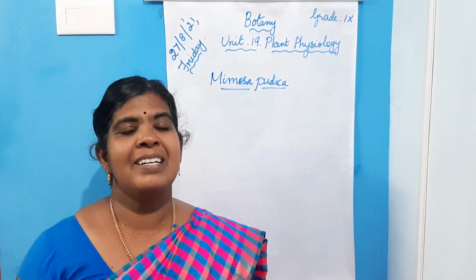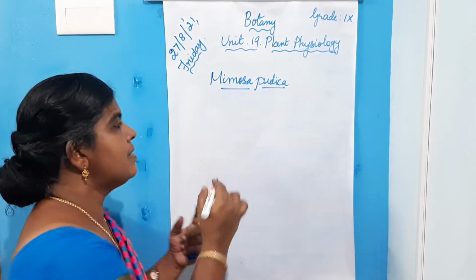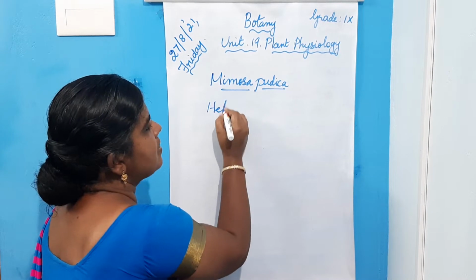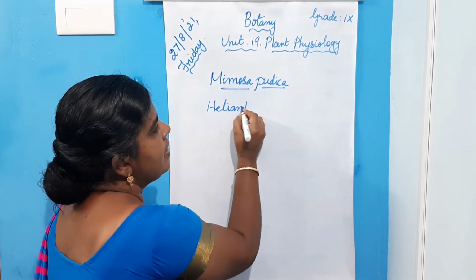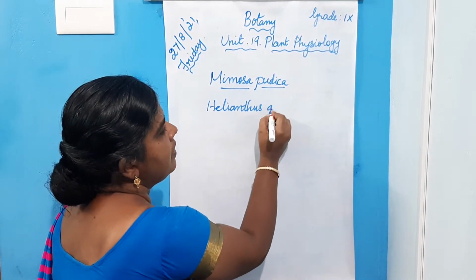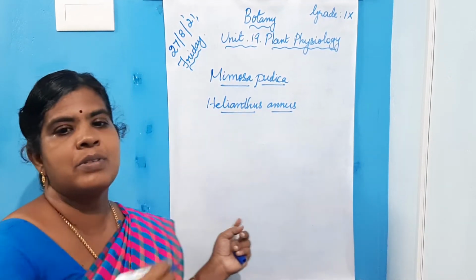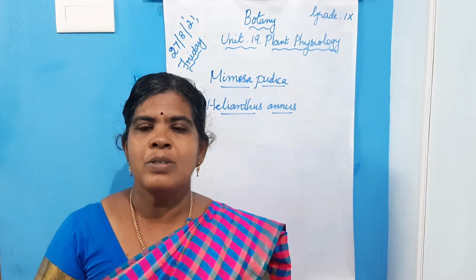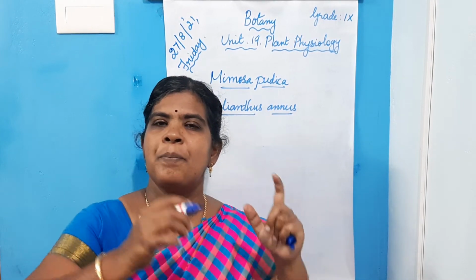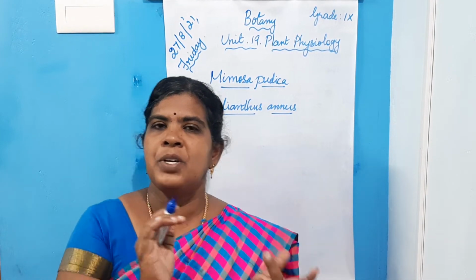You all know sunflower. Its botanical name is Helianthus annuus. This sunflower follows the path of the sun from dawn to dusk.